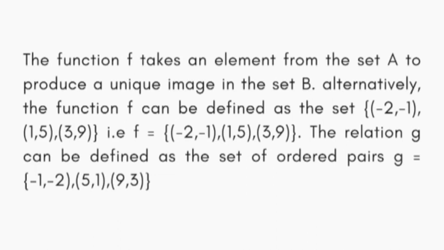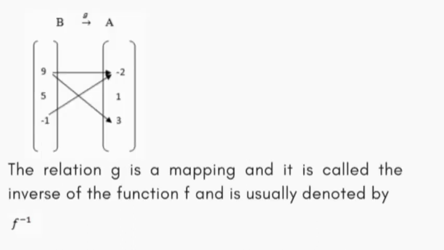The relation G can be defined as the set of ordered pairs. G is equal to (-1, -2), (5, 1), and (9, 3). And from the diagram, we see that G is a mapping from B into A. 9 is mapped onto 3, 5 is mapped onto 1, while -1 is mapped onto -2.